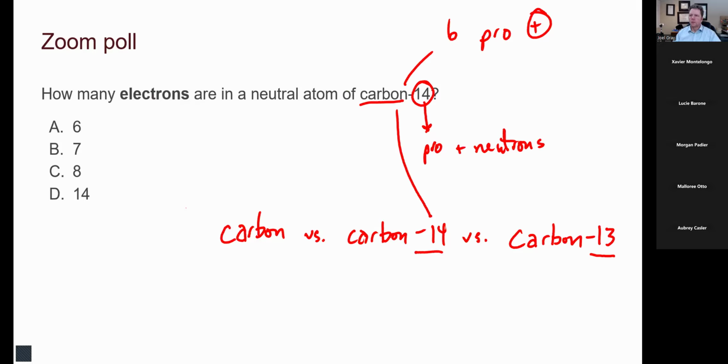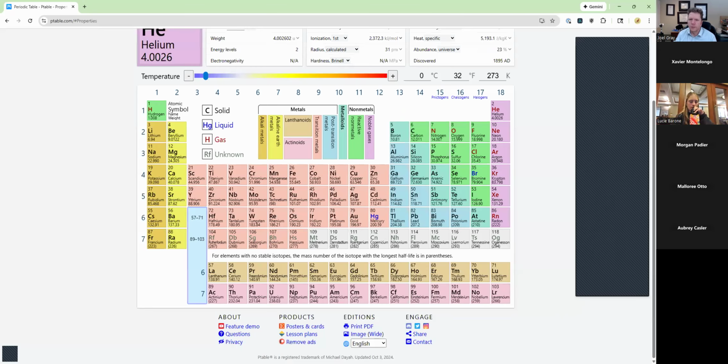Okay. So what's probably helpful is to pull this up. I'm going to switch my share and show you the periodic table, and I will do some annotation on this.